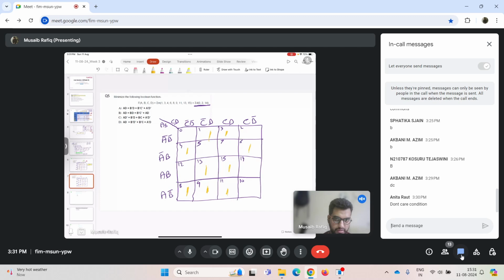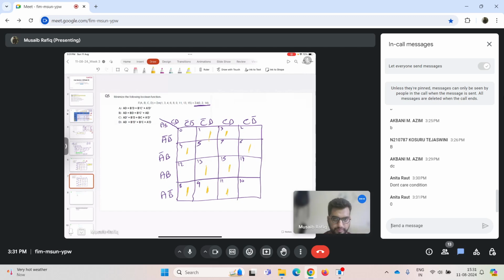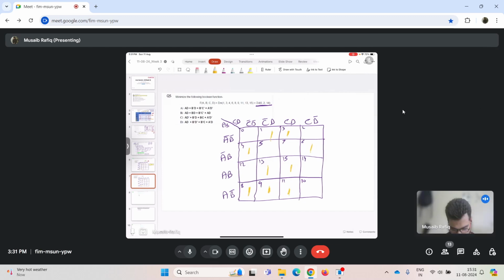We have done it earlier as well. We saw it earlier. How are the don't care conditions marked? Using X. We write X. We mark it using X. So we'll mark the don't care conditions 0, 2, and 14.